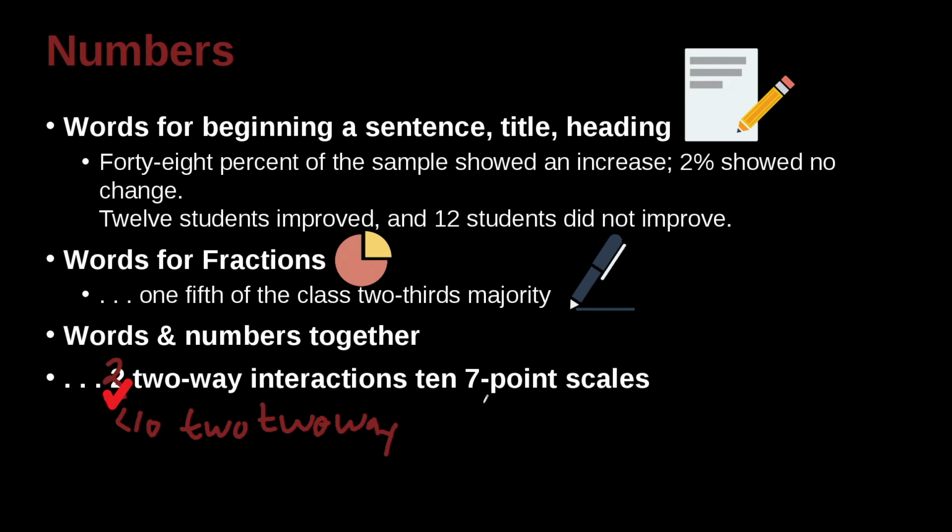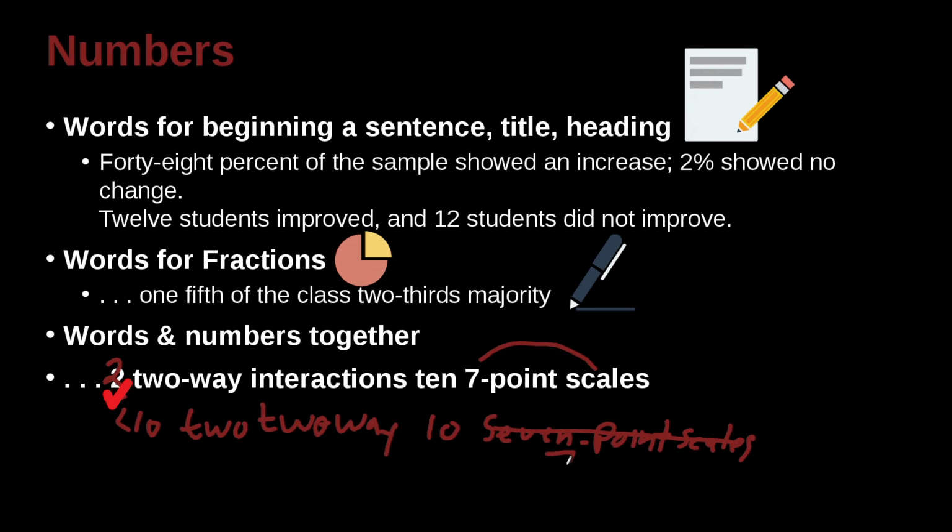Now, in this case, we could say 10 7-point scales. Right? That would be another way to write it. But in this case, because it's a scale and it's on a series, remember we said that scales, you should use the number, not spell it out.